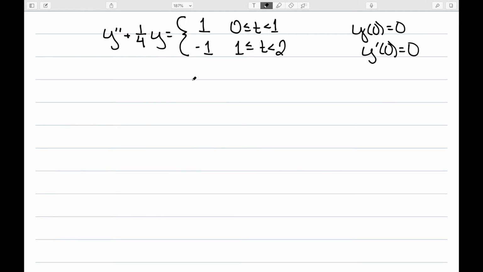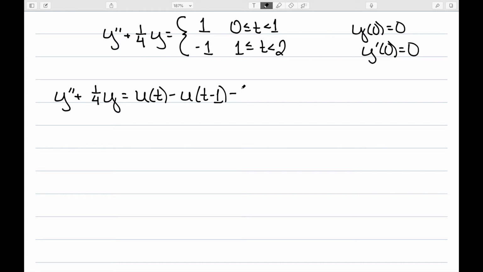Let's now look at solving this initial value problem with the discontinuous function. So I'm going to start by rewriting this as y double prime plus 1/4 y is equal to, we would have 1 times u of t minus u of t minus 1.